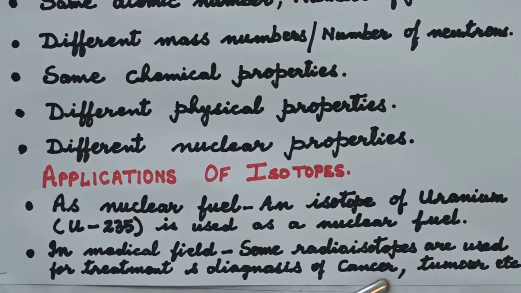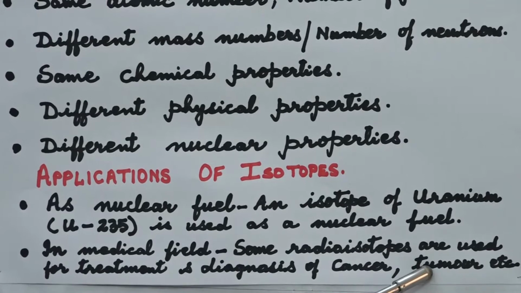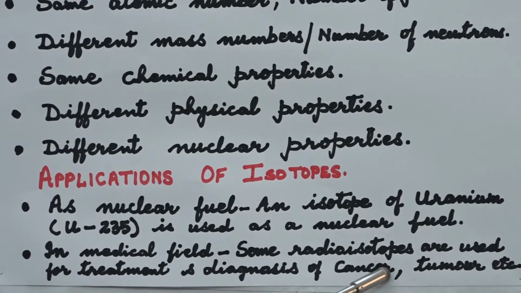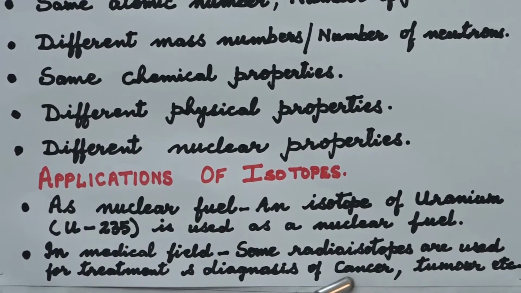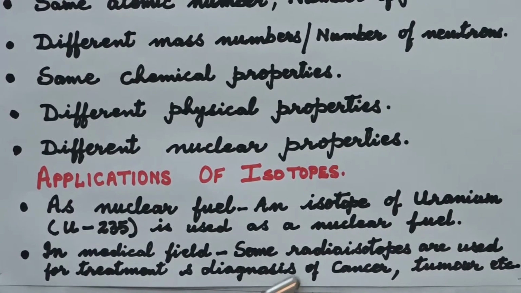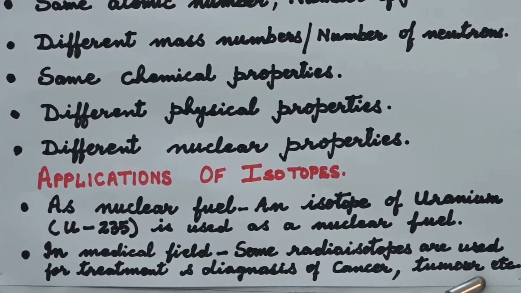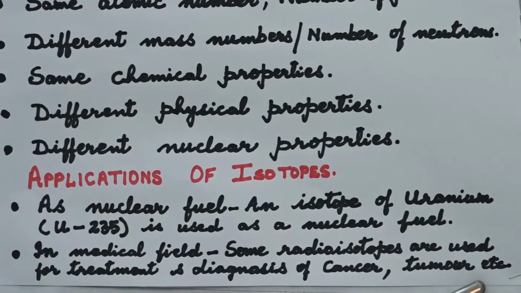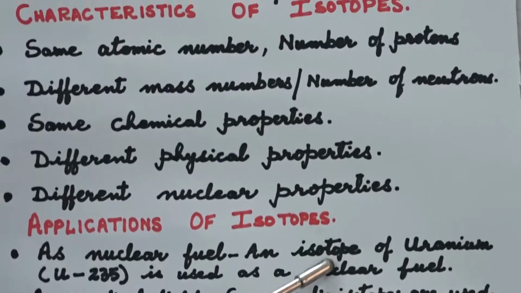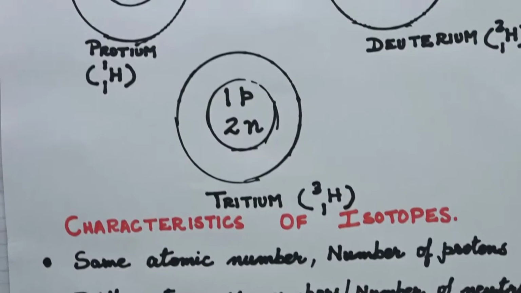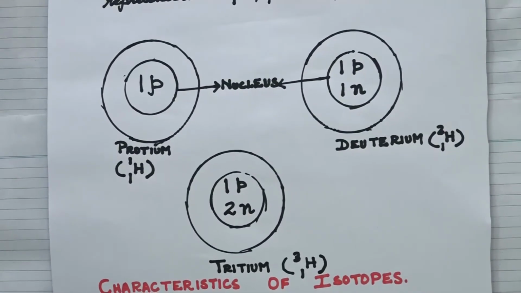Phosphorus-32 isotope is used in the treatment of blood cancer. Iodine-131 isotope is used in the diagnosis and treatment of thyroid disorders. Isotopes are also used in carbon dating and for various purposes in industry.